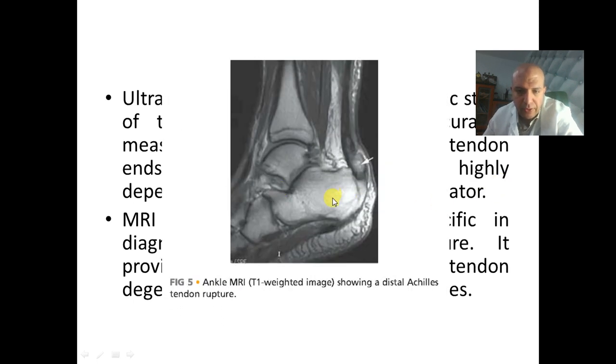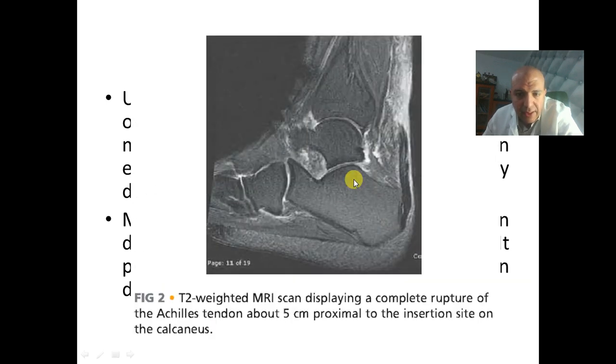As I informed you before, if you see fat white, it is T1. There is a white signal here, discontinuity at the insertion of the Achilles tendon. This is T2: fat is suppressed, fat is black. There is discontinuity. Where is the continuity of the Achilles tendon? This is a sagittal T2 MRI.